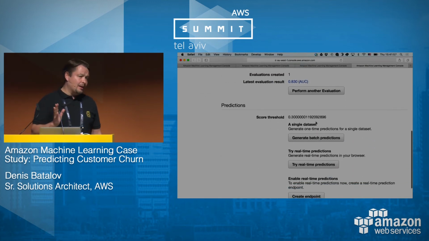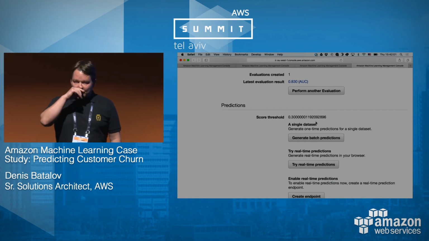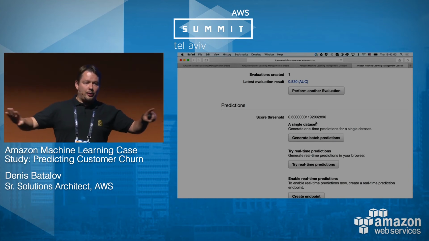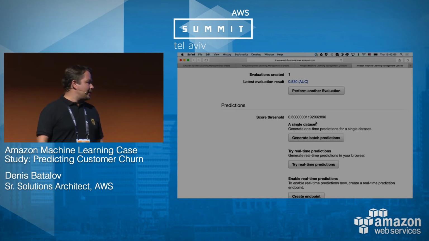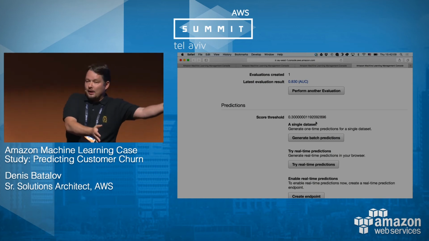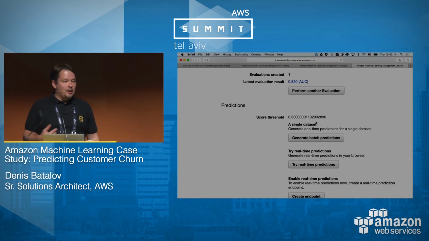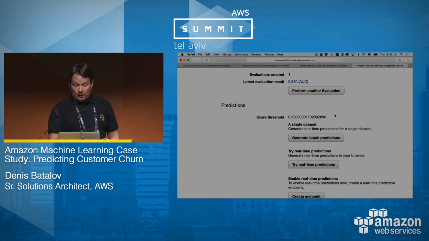But again, with the area under curve you have to be careful because it could also be misleading for situations where the a priori distribution of the classes is not even. In this case, we have many more non-churning customers than churning customers. You may feel good about it, but it may actually be not so great.